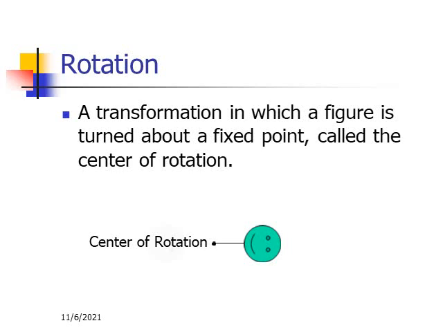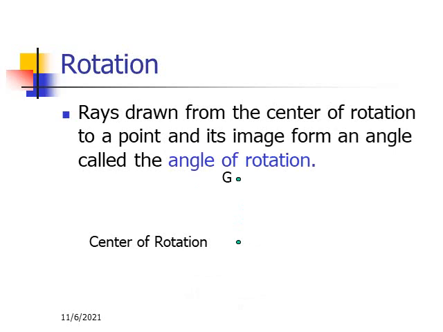So we call it the center of rotation. It's round, round, round again. In rotation, the ray drawn from the center to the point, and the measure formed is an angle called the angle of rotation.